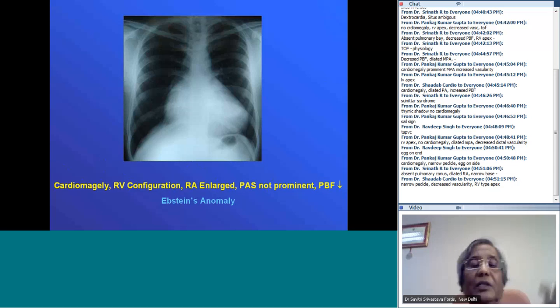It is not egg-on-side size. They mimic the TOF physiology. The egg-on-side is a typical example of d-transposition in which you see the cardiomegaly, increased vasculature, and then the typical shape. And we'll see that X-ray later on.